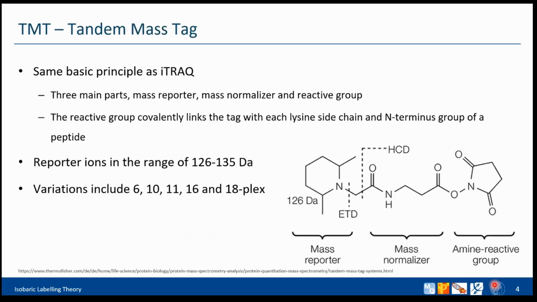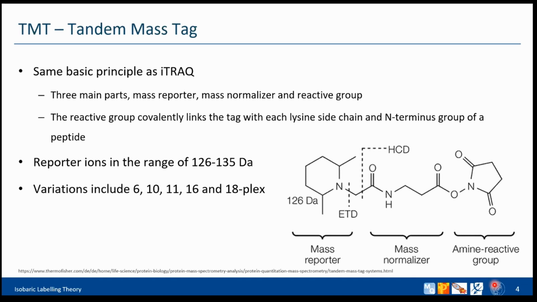Another isobaric tag is TMT. It's the same principle. It also has these three parts: a mass reporter, a mass normalizer, and the reactive group, which binds to lysine side chains or the N-termini. Here the reporter ions lie in a different range. It's very similar, but you have more variations, and you can go up to the 18-plex.